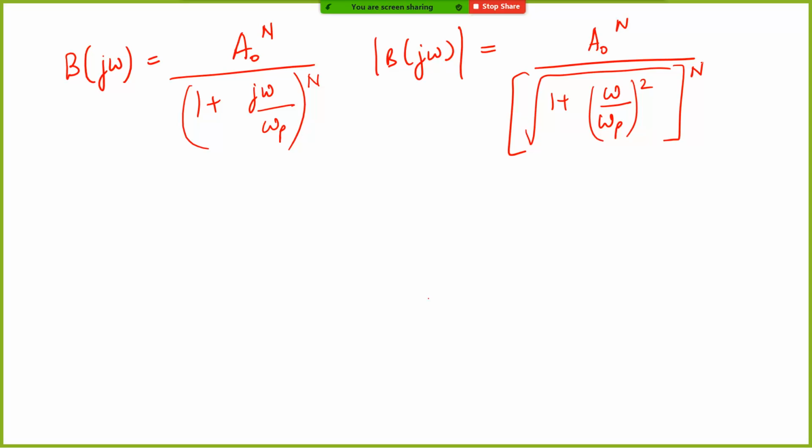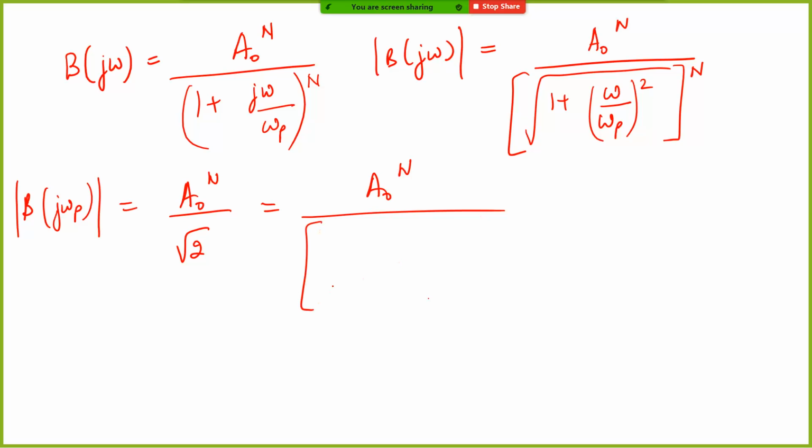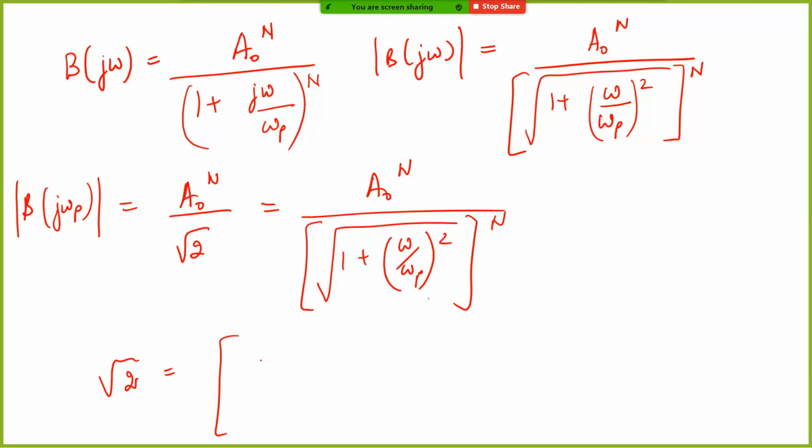Now you have n such terms in the denominator, so this is the expression. So we want the magnitude at omega 3 dB to become A naught to the power of n by root 2, which is equal to A naught to the power of n divided by the root of 1 plus (omega by omega p) the whole square, the whole power n. So what happens? Root 2 is equal to the root of 1 plus (omega by omega p) the whole square to the power of n.